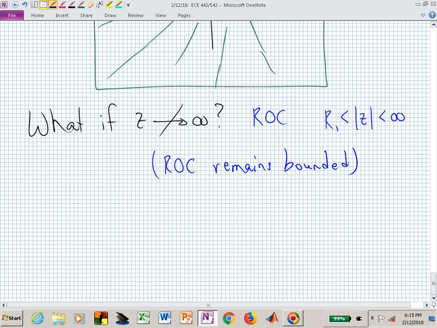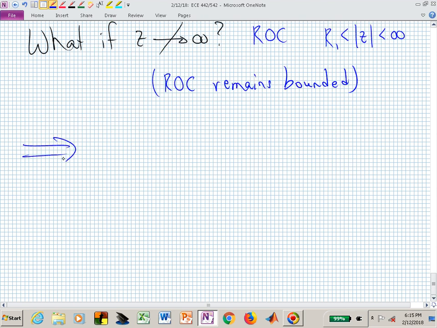So you might hear this referred to as little x sub 1 of n is right-sided, meaning it goes off to infinity toward the right, but it can actually start before that line in the sand that we've labeled as little n equal to 0.